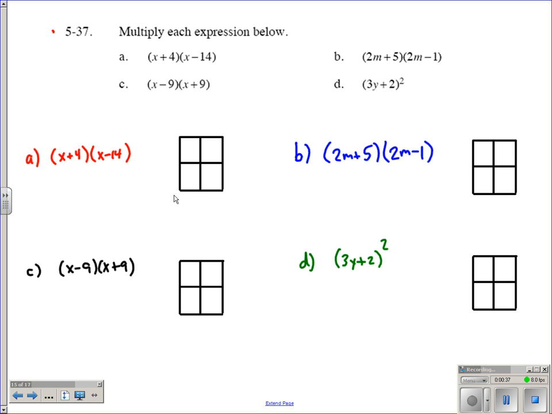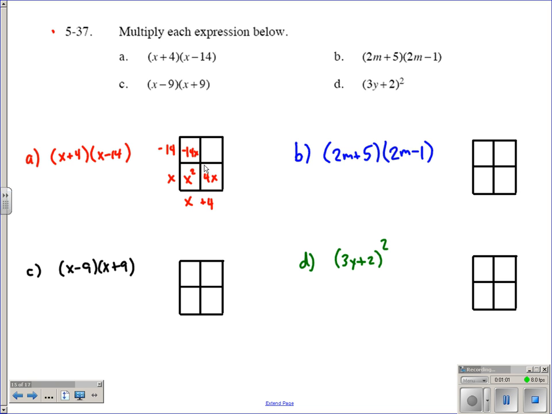I'm going to use the generic rectangles here. I'm going to say this is x, this is 4. I've got x, and I've got minus 14. So x times x is x squared. X times negative 14 is negative 14x. X times positive 4 is positive 4x.